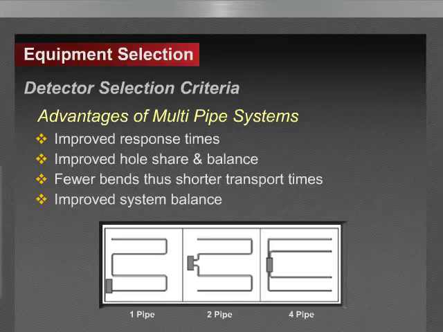Well, it's defined by the capacity of the detector. Various detectors, depending on manufacturer, have ranges that go from small area to large area, which affect the length of pipe or the capacity of pipe for that system.